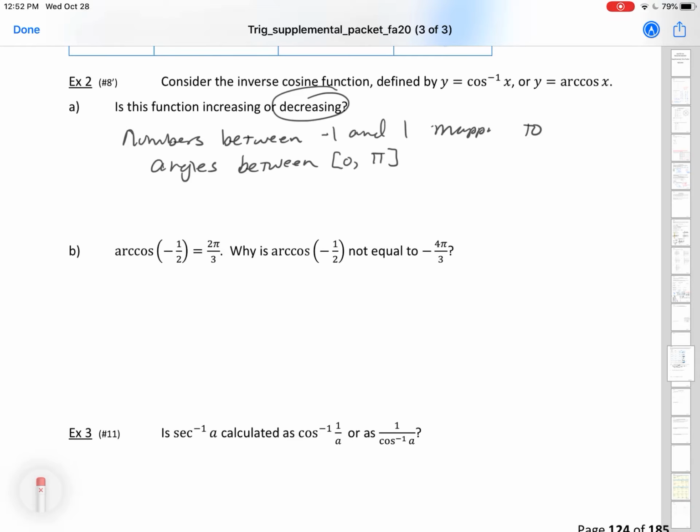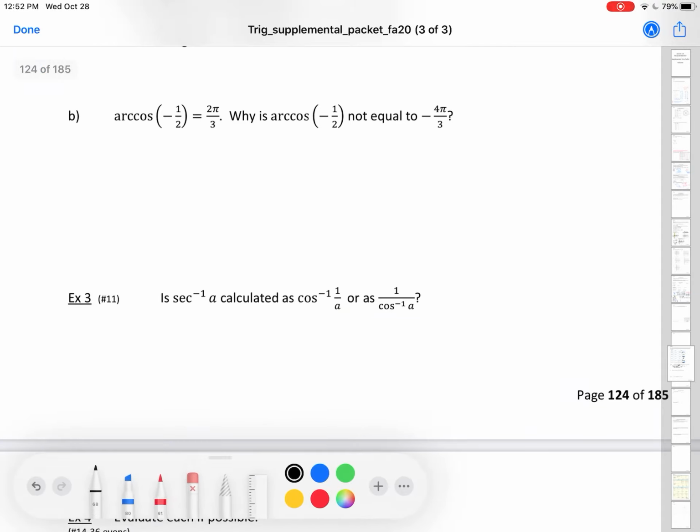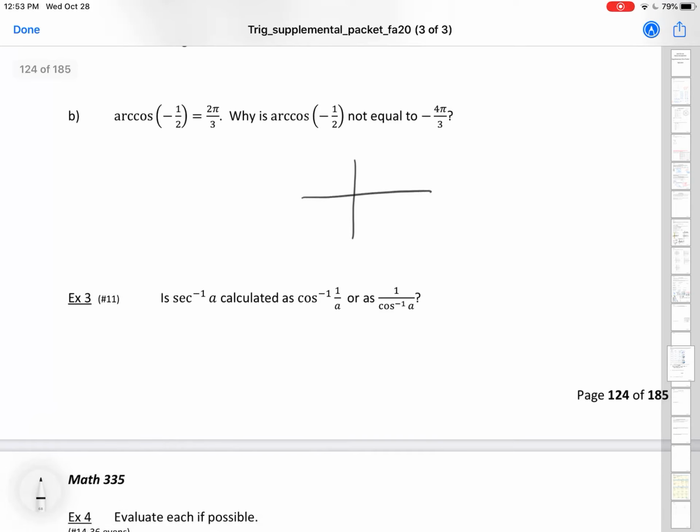So again, these are all designed to help us understand. Arc cosine of -1/2 is 2 pi over 3. Why is it not -4 pi over 3? Well, why are they asking that question? Because where is -4 pi over 3? Let's find it. -4 pi over 3 is going this way, -pi, but then pi over 3 more.